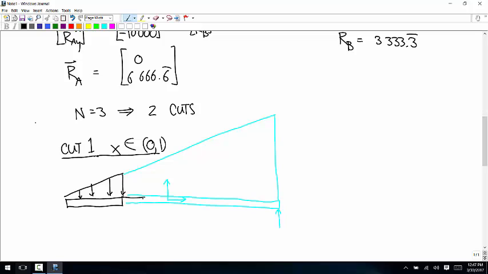And then we have the internal loads, T, V, and M. Okay, looking at the picture this way brings up a problem we have. Over here, the distributed load is 10,000 newtons per meter.